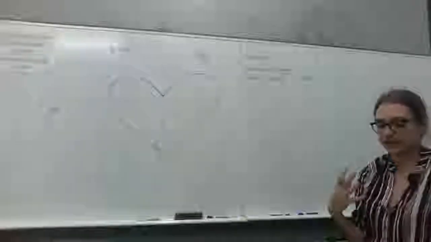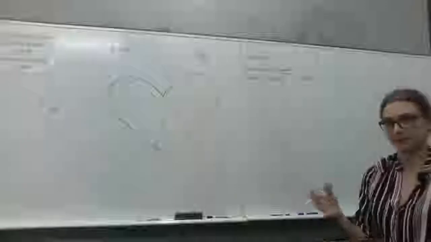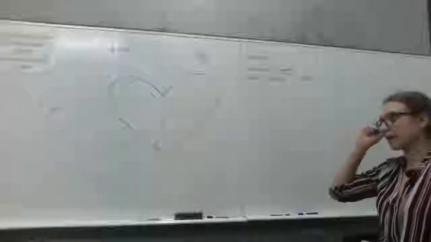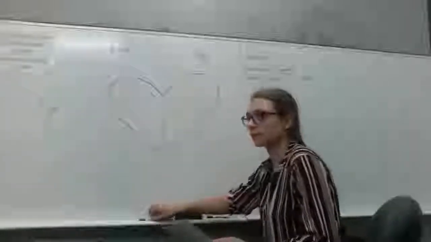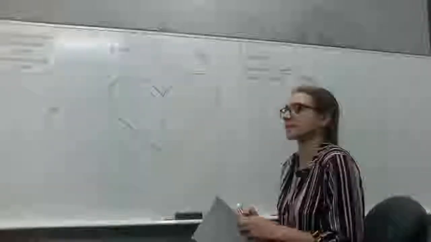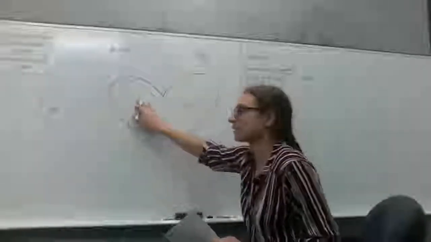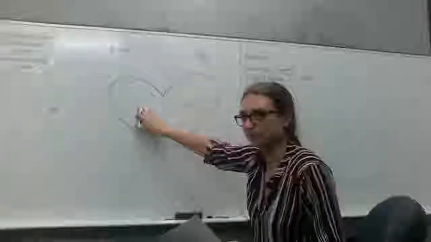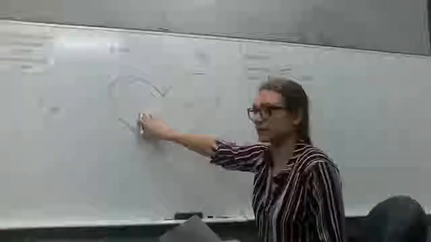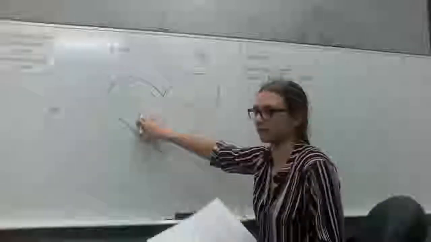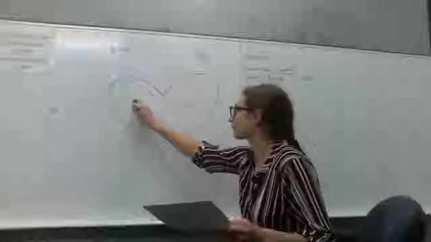So the first heart sound is Lubb. Whenever you listen to a heart, it's going to be Lubb Dupp, Lubb Dupp. Is it spelled L-U-P or L-U-B? As long as you know it starts with an L. I think on the notes it's L-U-P.